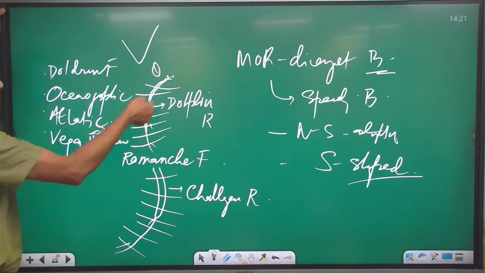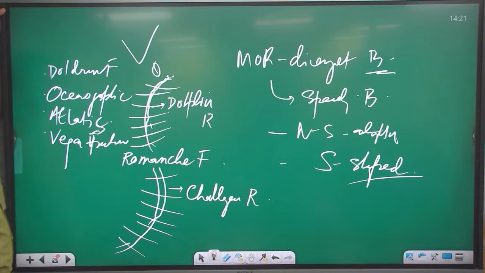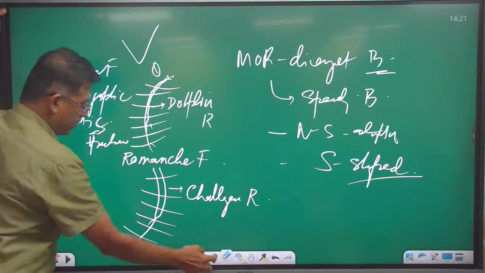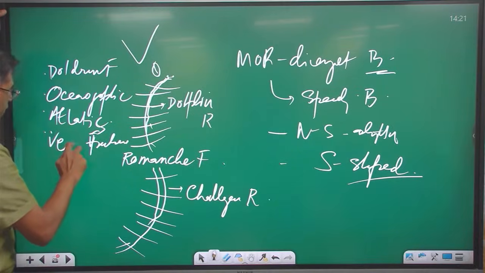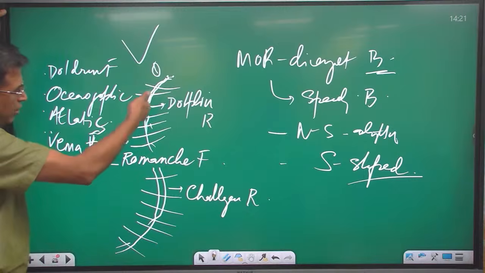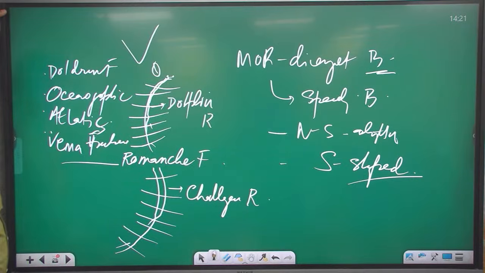Three or four of them is fine. So not Vega, Vema. Most of them are in the North Atlantic.